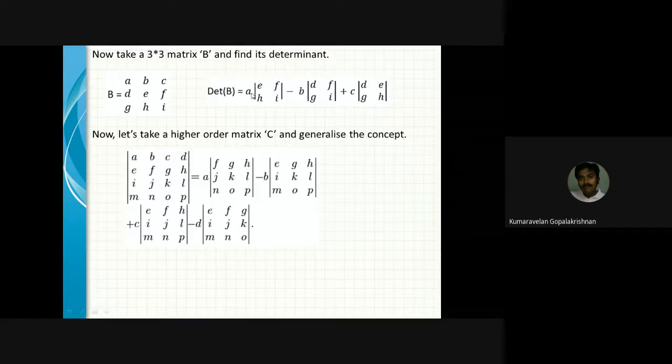I think it's clear. Next, minus B, the second element, right? Minus B, then leave the corresponding column and corresponding row.